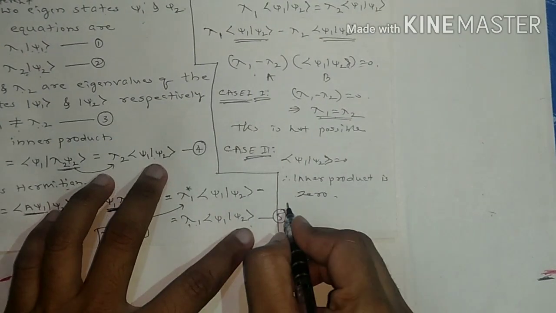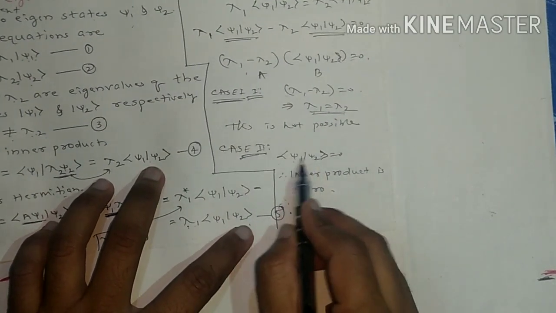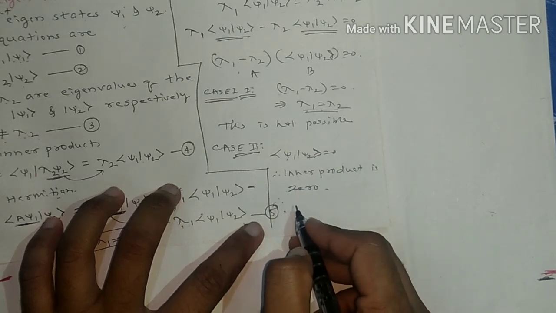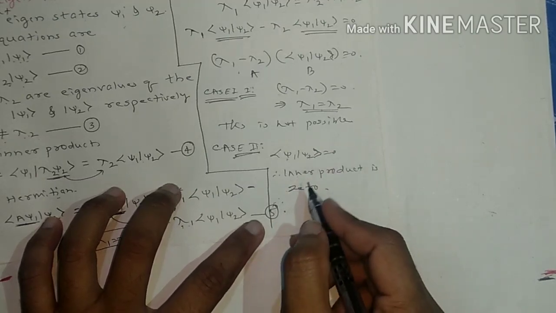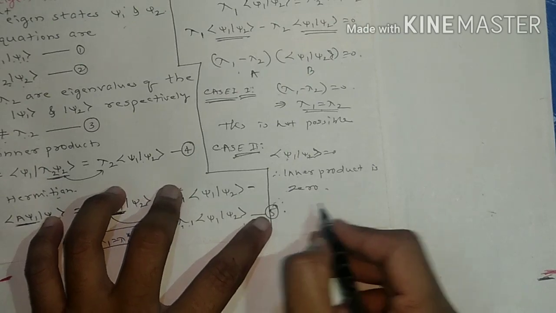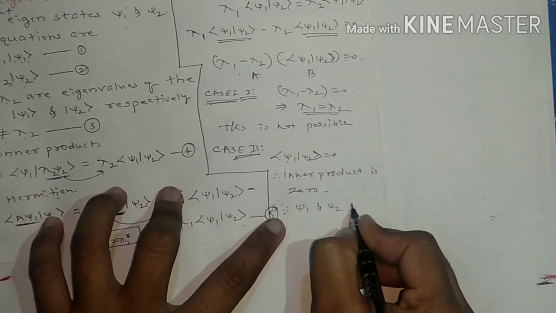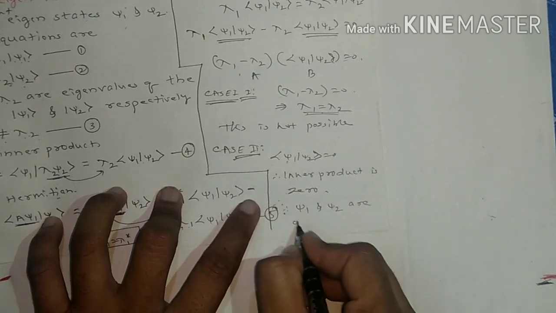If the inner product of two states is 0, that means both the states are orthogonal to each other. This is the basic property of inner product. Therefore psi 1 and psi 2 are orthogonal.